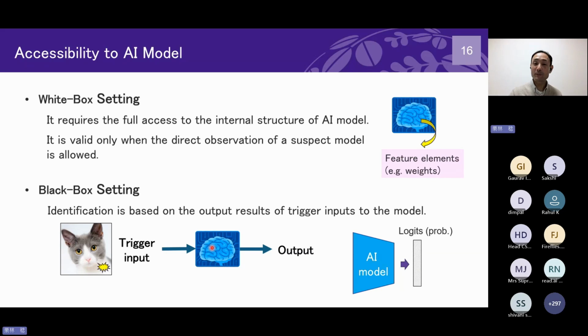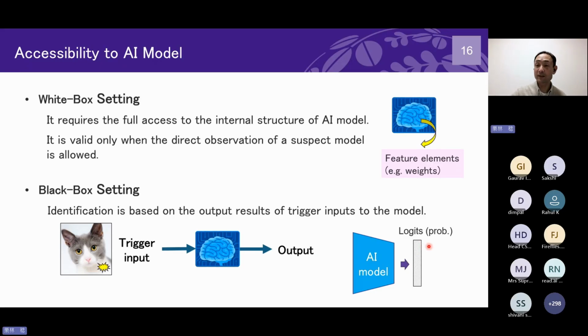One example of the output is a logit. In the image classification task, an image is input to the AI model. Then the output could be the probability for each class, for example, cat could be higher, and for the other classes, the probability should be lower.